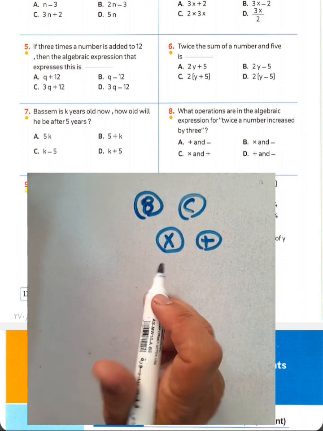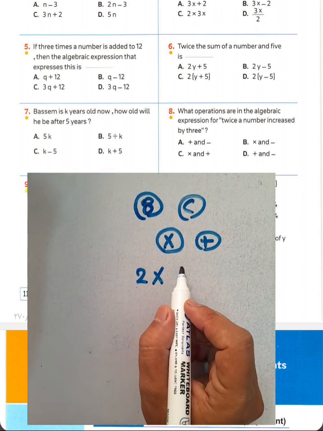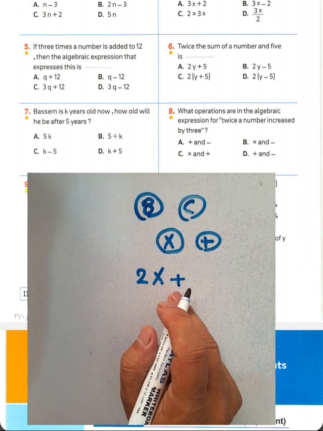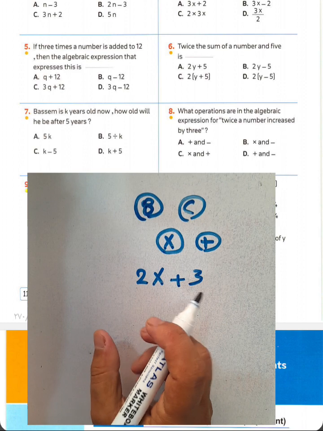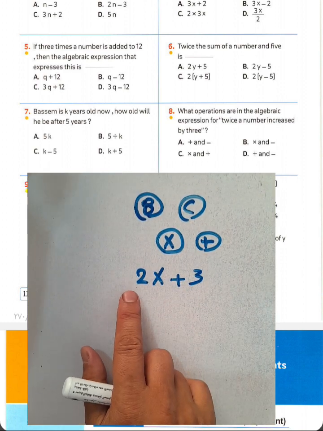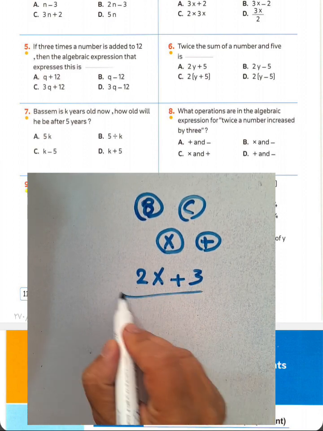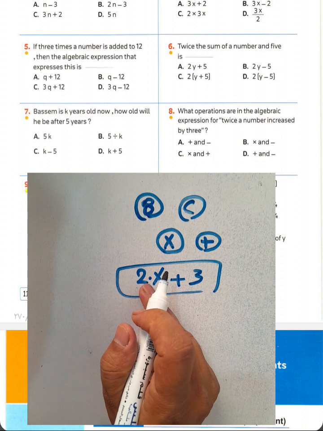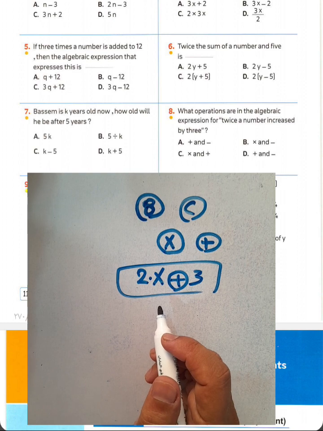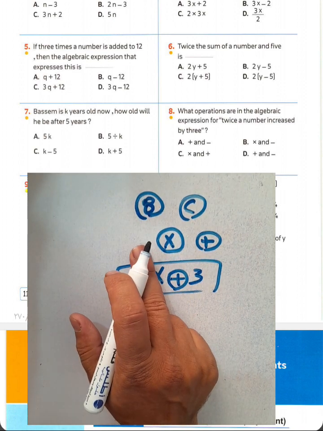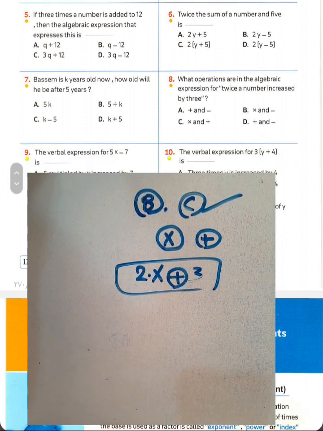Because the word twice means 2 times an unknown, such as x, and increased means plus 3. The algebraic expression is 2x increased by 3, it will be 2x plus 3. Since he asked about the operations, we write multiplication and addition. Choose letter C about question number 8.